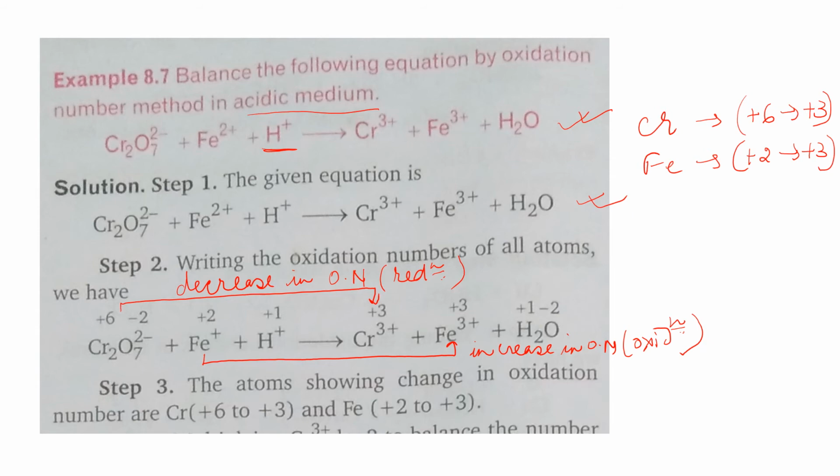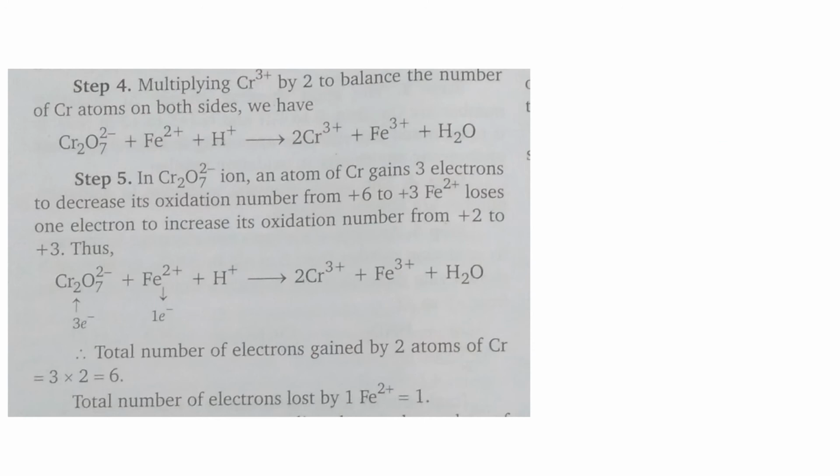Let me see what is there in the step. Now step 4, multiplying Cr3+ by 2 to balance the number of chromium atoms on both sides. Now step 4 is saying that you have to balance the atom that is undergoing oxidation or reduction. What was my equation? My equation was Cr2O7 2- plus Fe2+ plus H+ is giving you Cr3+ Fe3+ H2O.